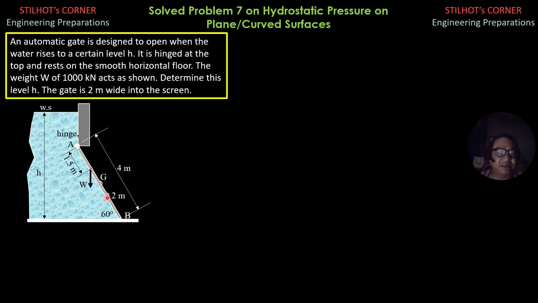It is about to open, so there should be no reaction at B. So the last plan is to sum up moments about A. The equation is F times quantity 2 plus E is equal to W times the moment arm, which is this horizontal distance, 1.5 cosine of 60. The weight is 1000 kilonewtons. Again, F is specific weight of water, HG times area. That would be gamma of water, h minus square root of 3, and the area is 8 as mentioned, 4 by 2 perpendicular to the board.